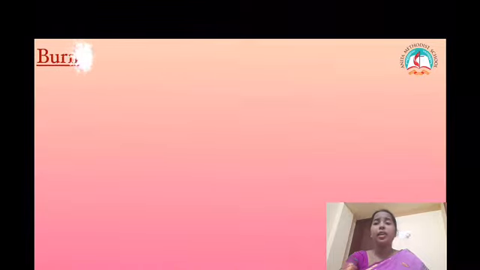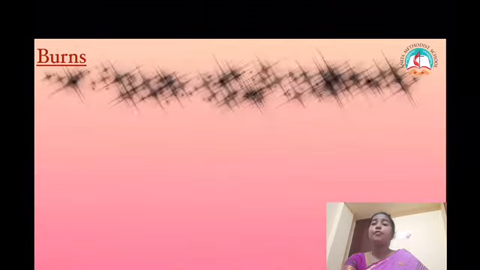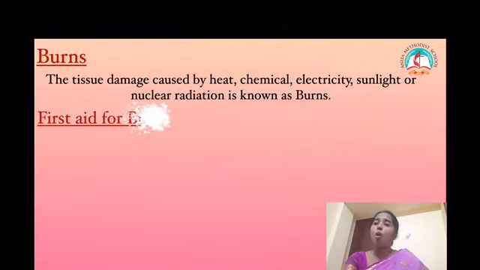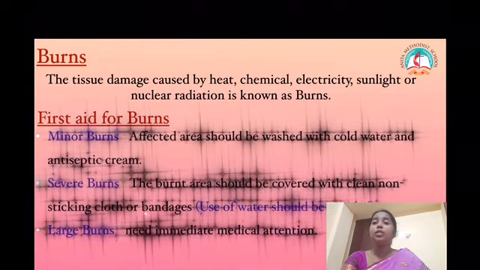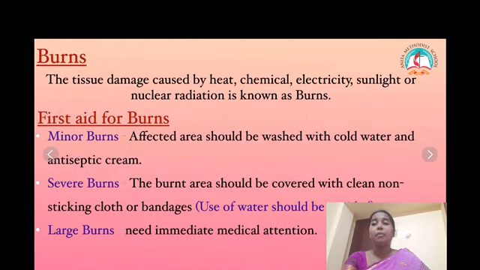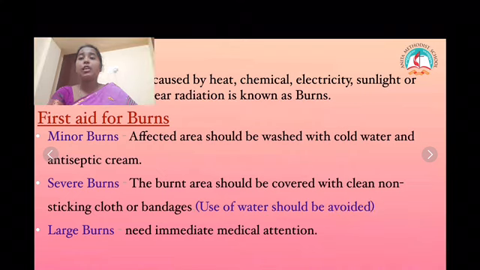Next, we're going to learn about burns and first aid for burns. So what are burns? The tissue damage to your skin by heat, electricity, sunlight, nuclear radiation, we call a burn. So how can we give treatment for burns? If you have a minor burn, the affected area can be washed with clean cold water and you can apply antiseptic cream.